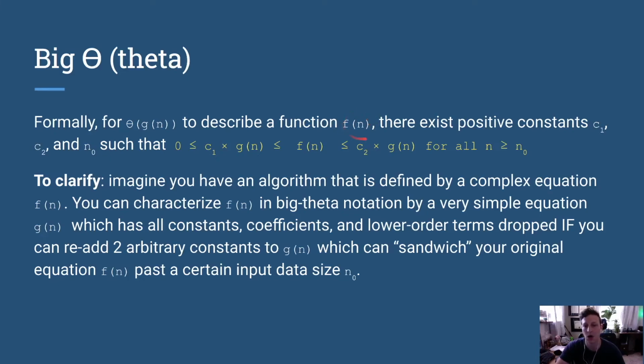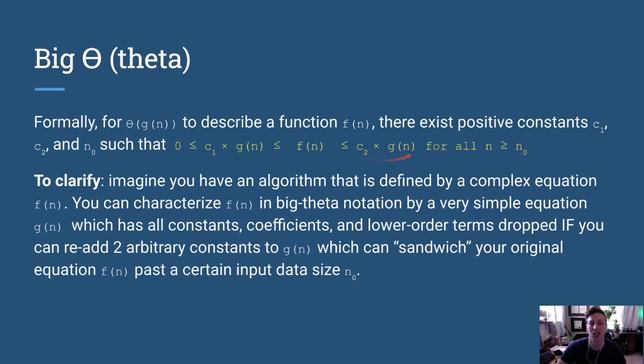If I want to be able to call my complex equation of 50n plus 1,000 just big theta of n, where n is my g of n here, my more simple equation, I have to be able to prove that I can take that simple equation g of n and multiply it by some constant greater than 0, and then multiply it by some other constant c2, and be able to sandwich that complex equation in between those two multiplications of my simple equation. And that doesn't have to be true at all times. It only has to be true past a certain size of my data.